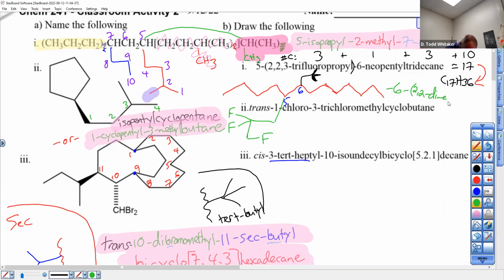Once again, the groups attached to the propyl are first, then the propyl. And that's an alternative name for a neopentyl. I'll highlight it. 6-neopentyl could be replaced by 6-(2,2-dimethylpropyl).